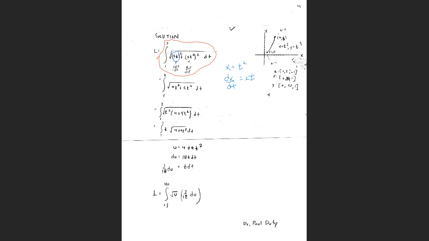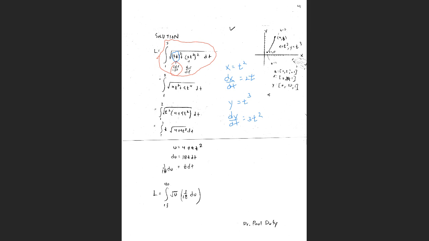Okay, and so you're taking dx/dt squared. So we know what dx/dt is. Now the y equals t cubed, right? So dy/dt would be 3t squared.